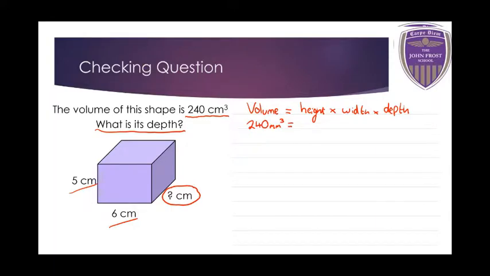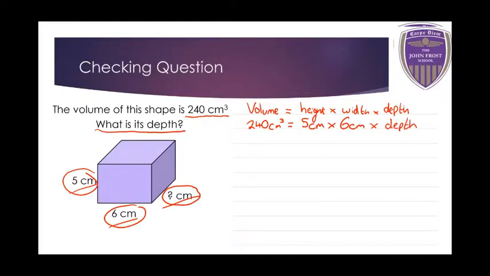We're told the height is 5 millimeters. Sorry, it's not millimeters, it says centimeters. So be careful with units. We're told the height is 5 centimeters, and we're told the width is 6 centimeters. But we don't know the depth, so we're just going to leave that as depth.